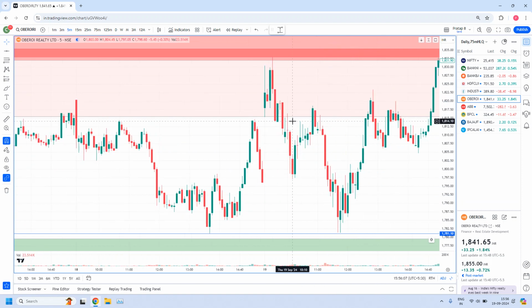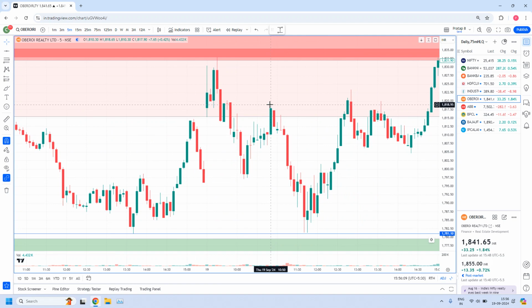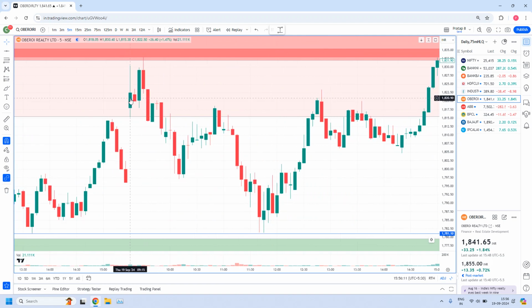But before that, some people will have a question in their mind. Maybe this is the morning 9:15 candle. There could be some freak trades at 9:15. Because of that, maybe just 1 or 2 orders are pushing the prices down. Maybe some freak orders are executed.